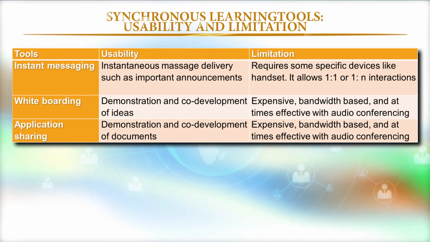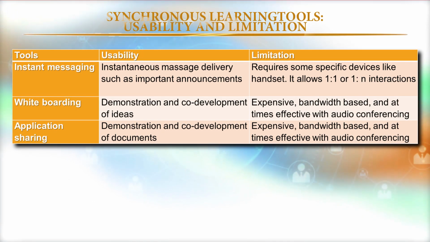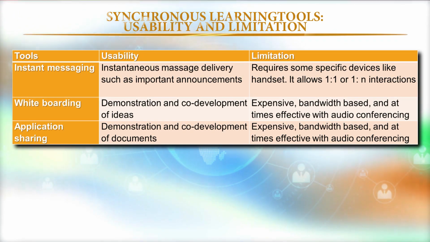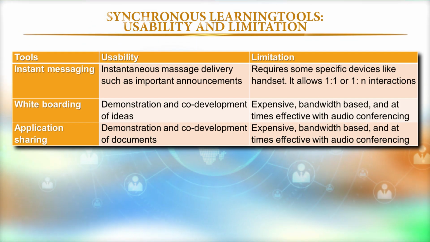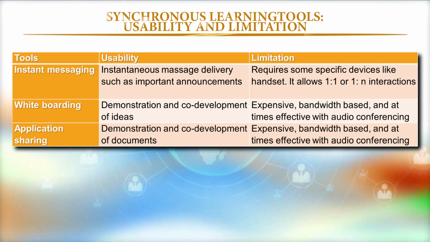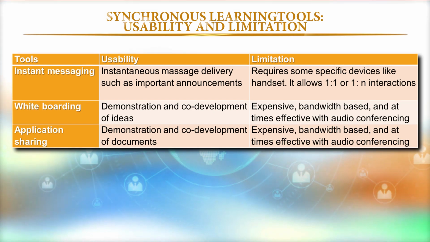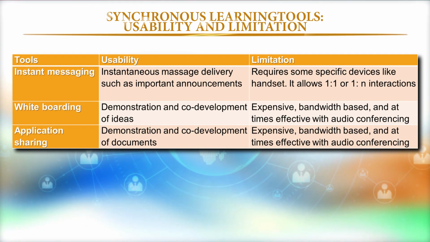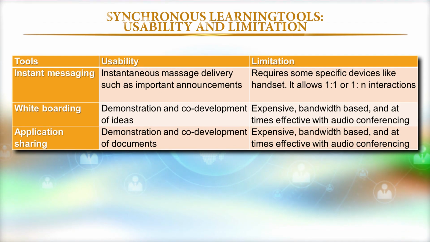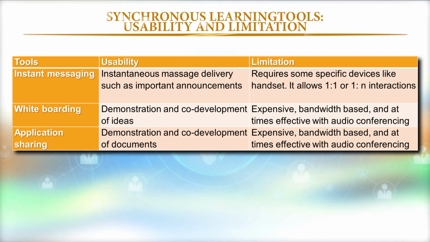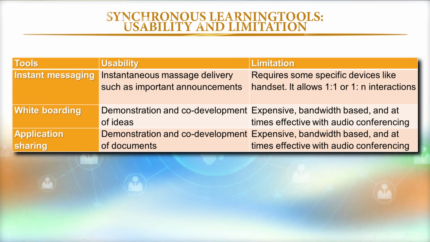For example, WhatsApp: if both communicators are available online, then you can communicate the information there. This is used for synchronous as well as asynchronous, but only for instant messaging. Some of the LMS provide instant messaging, where both participants should be online, and then they can do the instant interaction.